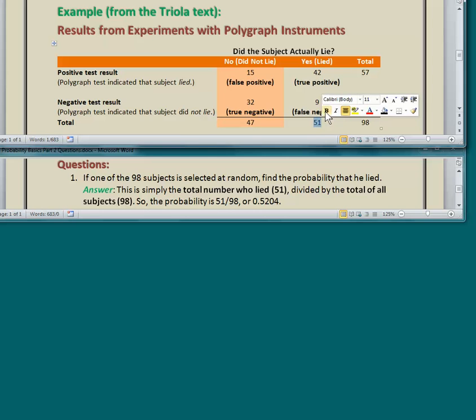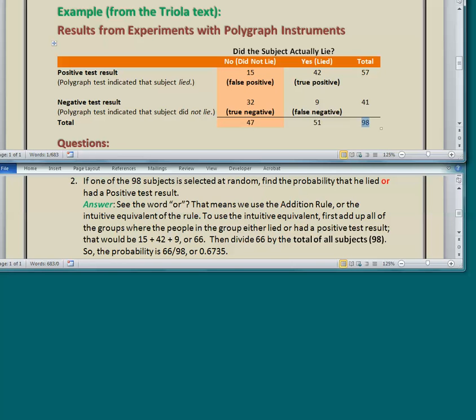That's the 51 that we put in there before. Divided by the total of all subjects. That's the 98. So the answer to this question, this probability, is 51 divided by 98, which is 0.5204. And again, remember, you can answer this probability question by converting it to a percentage question if that makes it easier for you.